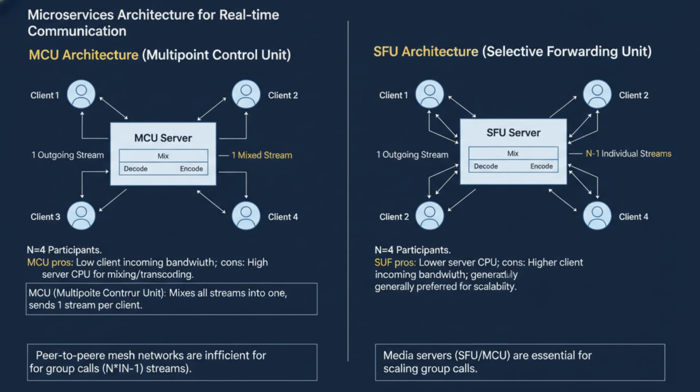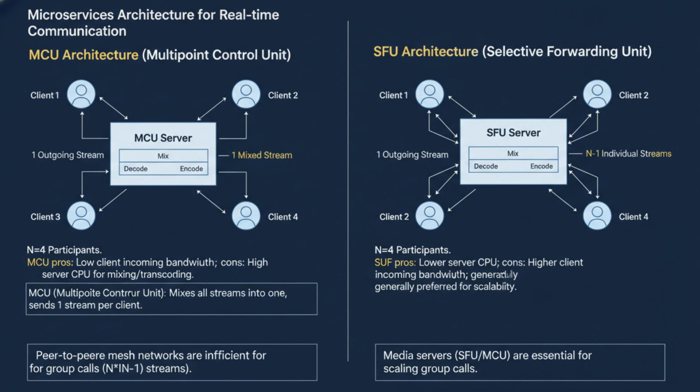While WebRTC excels at peer-to-peer connections between two participants, scaling to group calls with 3 or more individuals introduces significant complexities. In a true peer-to-peer mesh network, each participant would need to send and receive media streams to and from every other participant.